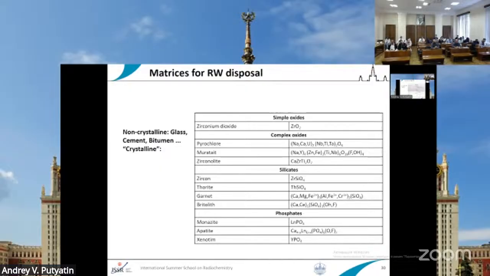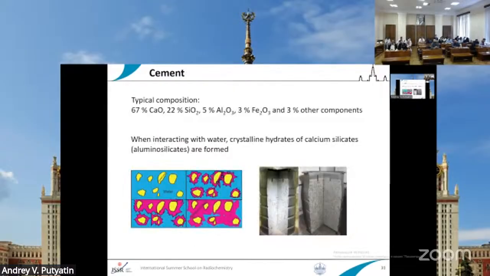There are several types of matrix: glass matrix, cements, bitumen, and the crystalline matrix, also called mineral-like matrices. For low-level and intermediate-level waste, the main type of matrix is cement.